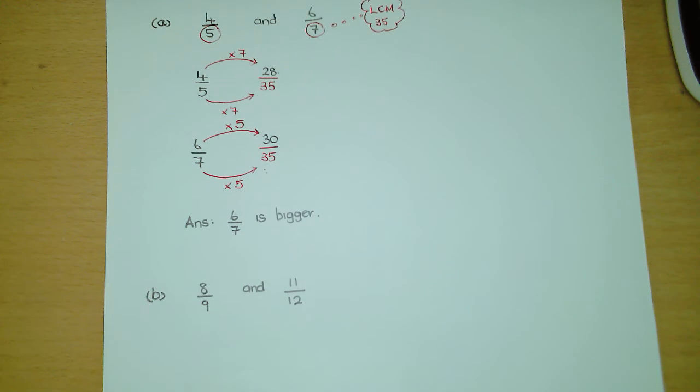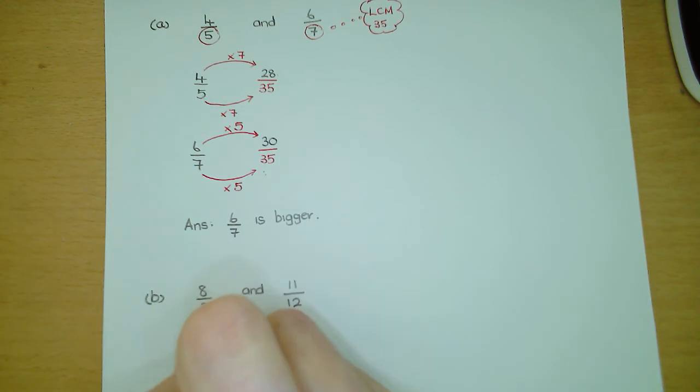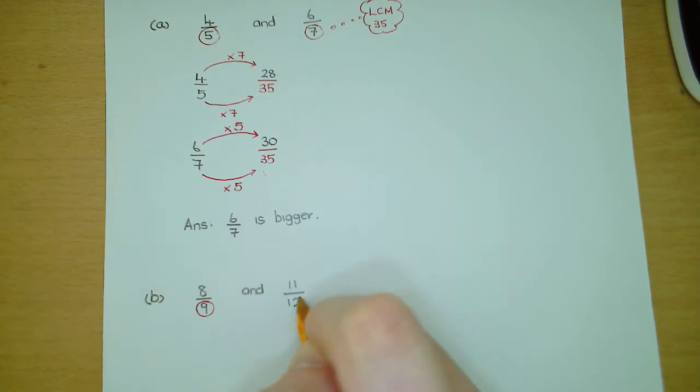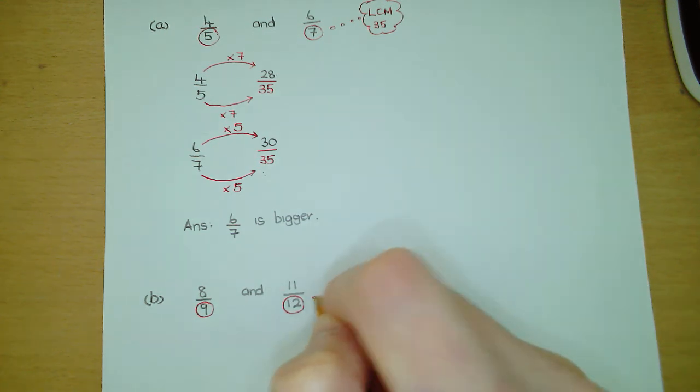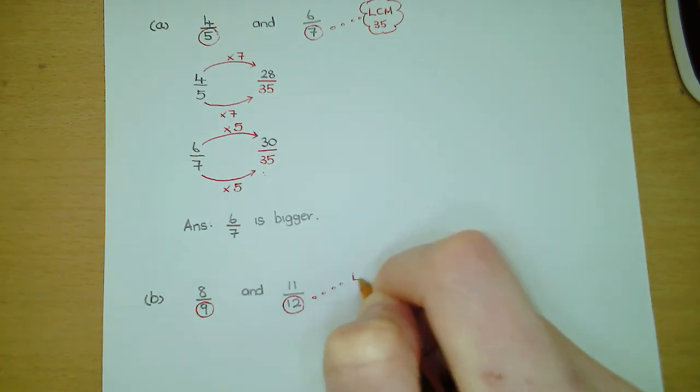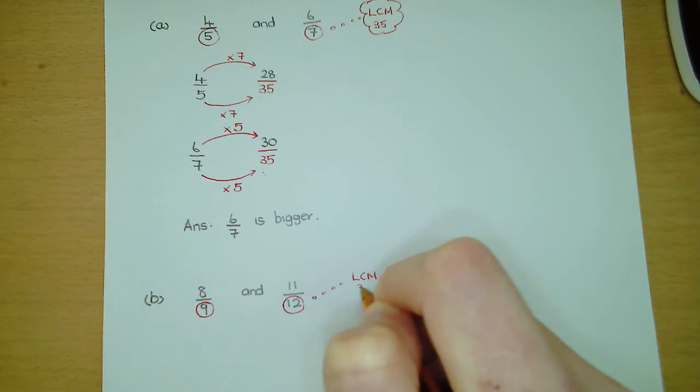So again, we circle the denominators and we want to make both denominators the same. So we're looking for the smallest number that 9 and 12 both go into. The smallest number that they both go into would actually be 36. So the LCM of both denominators is 36.